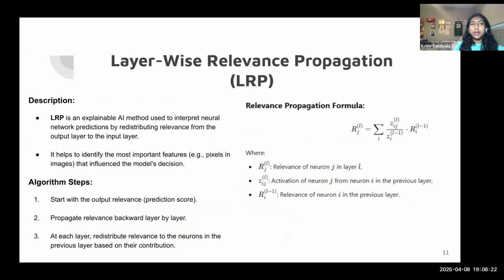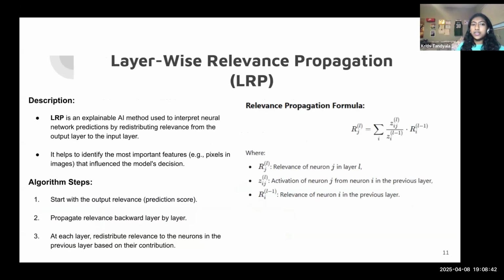Okay, so a little bit more about layer-wise relevance propagation specifically. So LRP is just one of a lot of different explainable AI methods, and the goal again is to interpret the CNN's predictions, and it does this by redistributing the relevance from the output layer to the input layer.